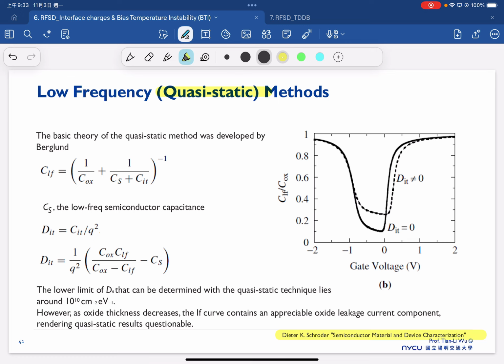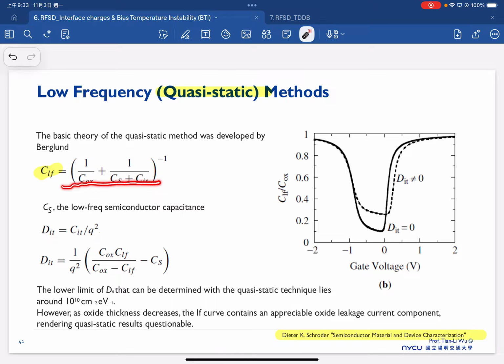Anyhow, the low frequency capacitance can be derived from this equation, and once we consider the influence coming from the interface state density, in the end DIT can be calculated as CIT over Q squared.